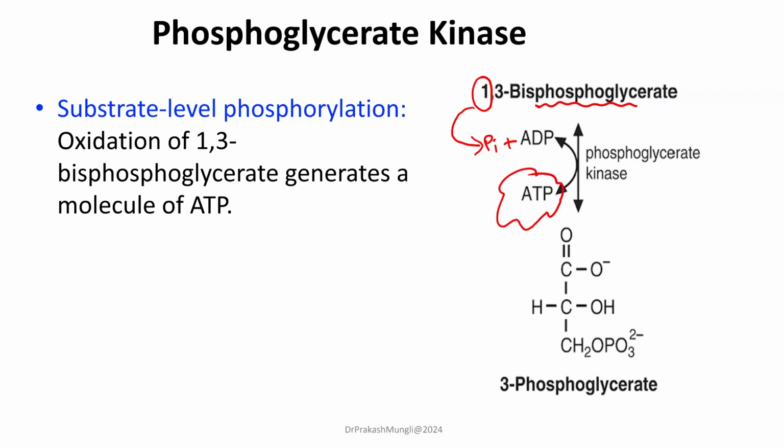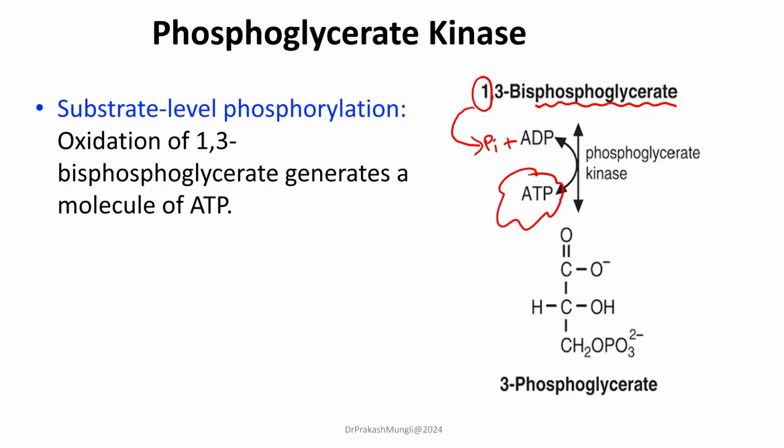Because it is transferring phosphate from the molecule 1,3-bisphosphoglycerate. That's why they simply wrote it as phosphoglycerate kinase. So we got ATP in the cytoplasm, not in the electron transport chain. This is in cytoplasm. That's why this is called substrate level phosphorylation, generating a molecule of ATP.